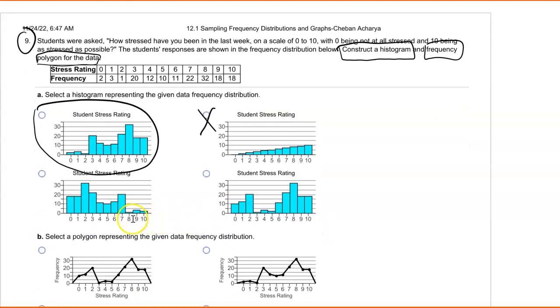Even this one looks okay, but the frequency of 3 should be 20, while on the graph the frequency of 3 is less than 5. Therefore this is not the correct answer. So you match this data with the frequency on the graph to see which one is correct.